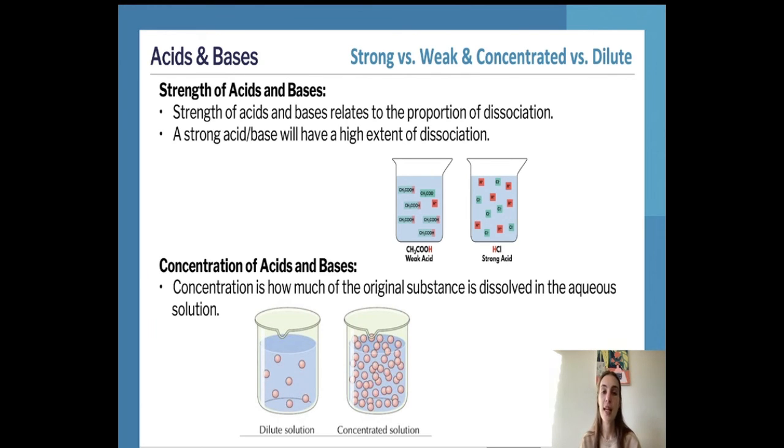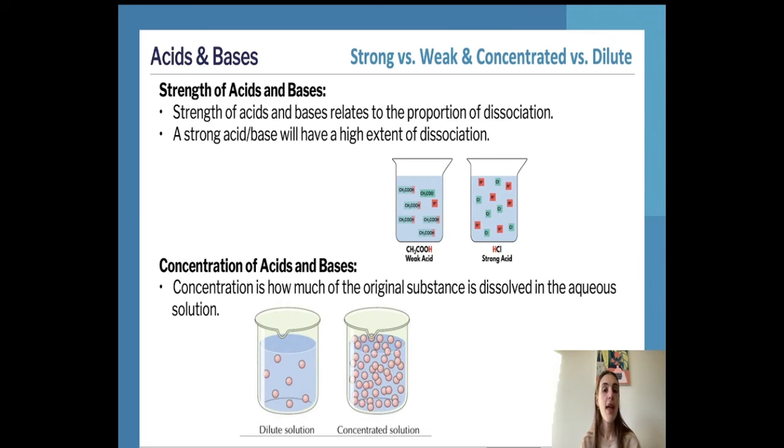So for example, hydrochloric acid, or HCl, has split into H+ and Cl-. And so a strong acid or base is going to have a greater extent of dissociation. So HCl is going to mostly split into H+ and Cl- in aqueous solution.